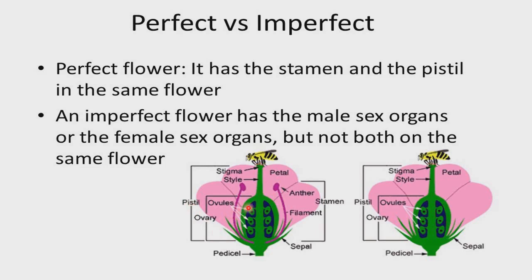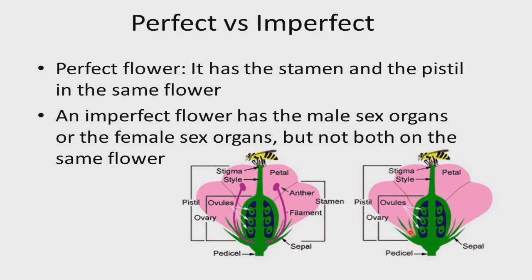So a flower that has the stamen and the pistil, we say that it is a perfect flower. But any flower that lacks one of the two essential floral parts, one of the sex organs, that lacks either the stamen or the pistil, we say that it is an imperfect flower.